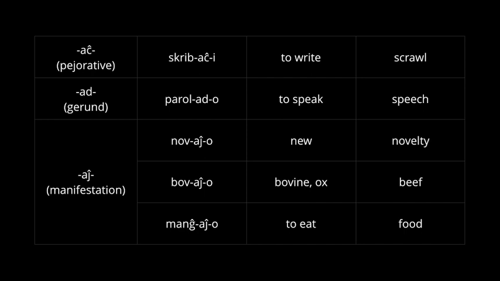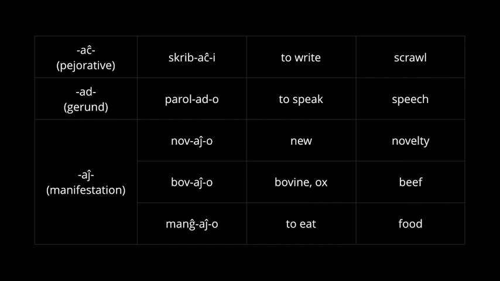Ad makes a gerund. That is to say, it makes the noun that describes the action ongoing from a verb. So, if you have to speak, which is paroli, and now you make parolado, it means the ongoing act of speaking. In other words, a speech.